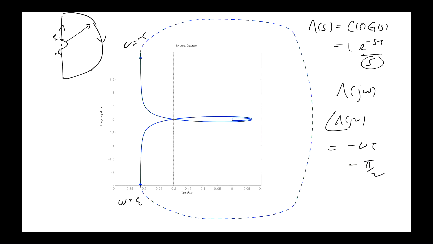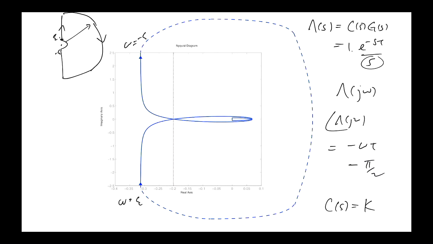All right, but you can't have arbitrarily large gain, right? Because if we now make the controller equal to k and we start increasing k, what's going to happen to the Nyquist plot? Remember, scaling just expands or shrinks the Nyquist plot.